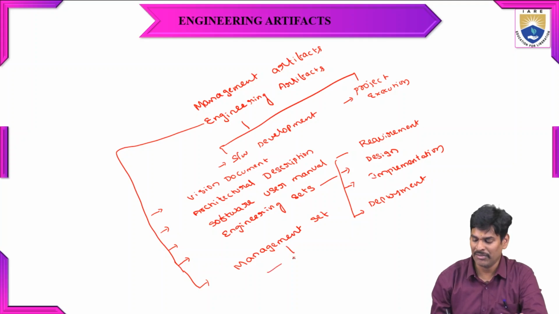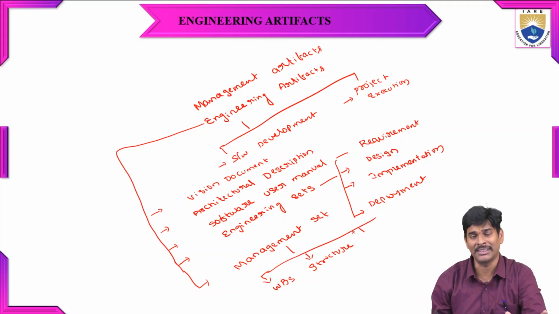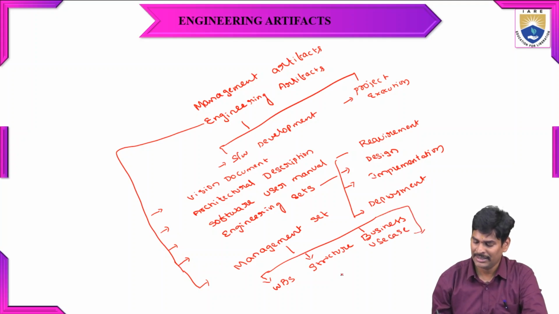In the management artifacts, in the previous class we discussed the WBS, that is work breakdown structure, and mainly in the management artifacts we discuss the business use case, and the last one is the software development plan.